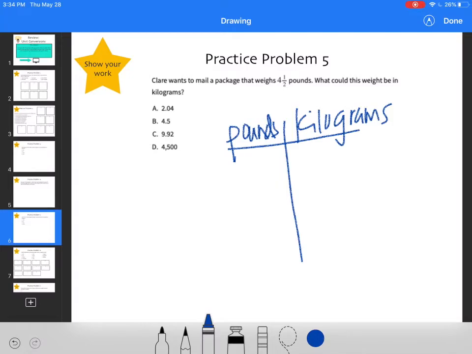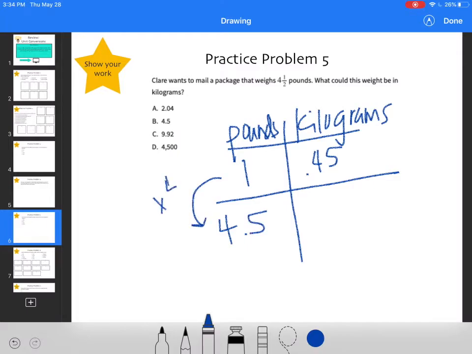So it says 1 pound is 0.45 kilograms. So I know I have 4.5 pounds, so I'm going to multiply this side by 4.5. I'm going to use my calculator. 0.45 times 4.5, and I get 2.025. So A.